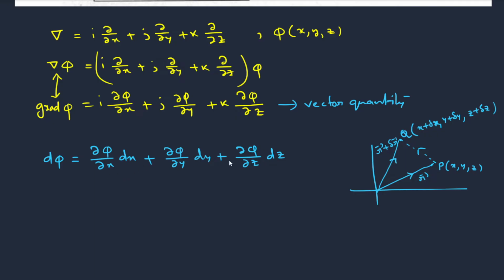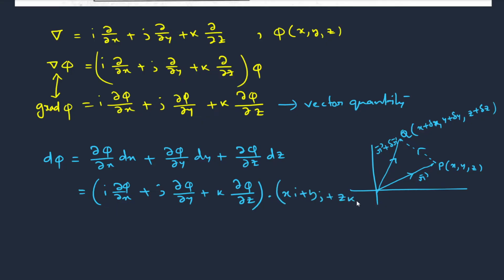Can we write this as the dot product of i del phi/del x plus j del phi/del y plus k del phi/del z with dx i plus dy j plus dz k?